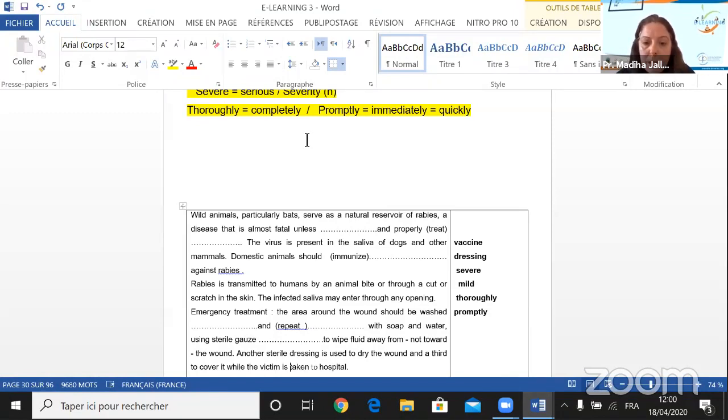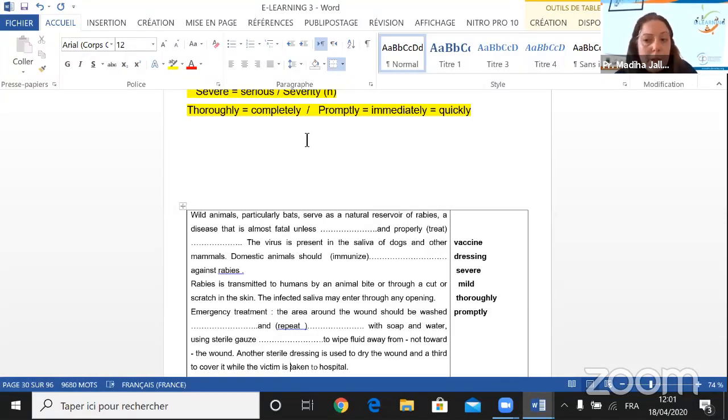Severe and mild. They are opposites. Remember, we used these words in this lesson. In mild cases, the ligaments overstretch. In severe cases, the ligaments tear. So there are mild cases and severe cases. Then you have thoroughly.